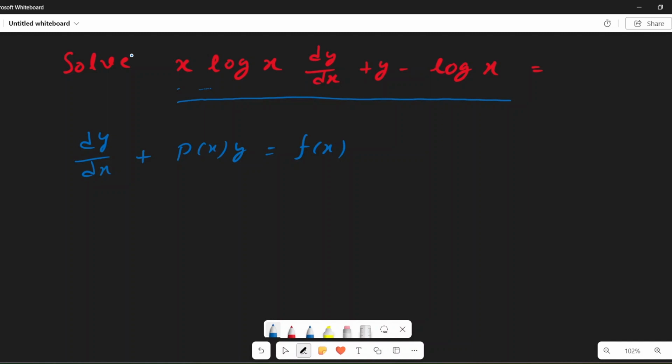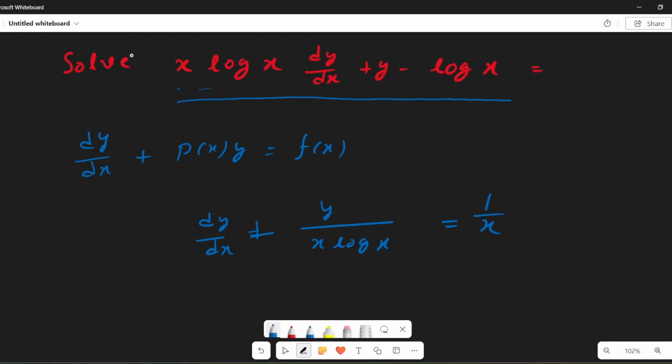By dividing by x log x on both sides. So we get dy/dx plus y by x log x is equal to 1 by x.